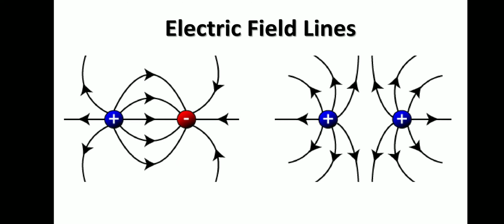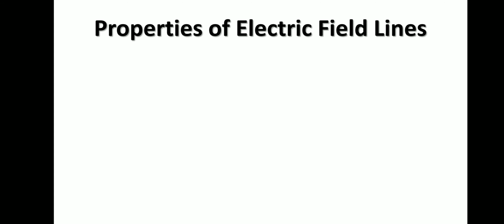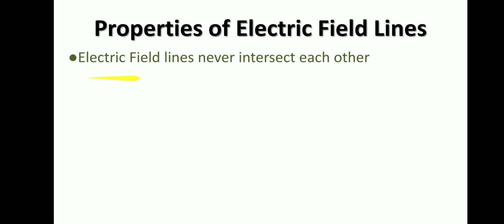In the same way, if we bring together two positive charges, then what happens? These electric field lines clash together like this.